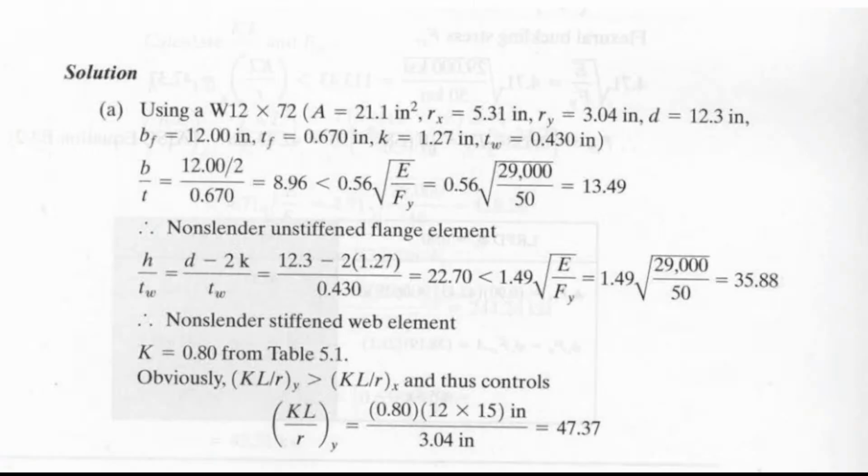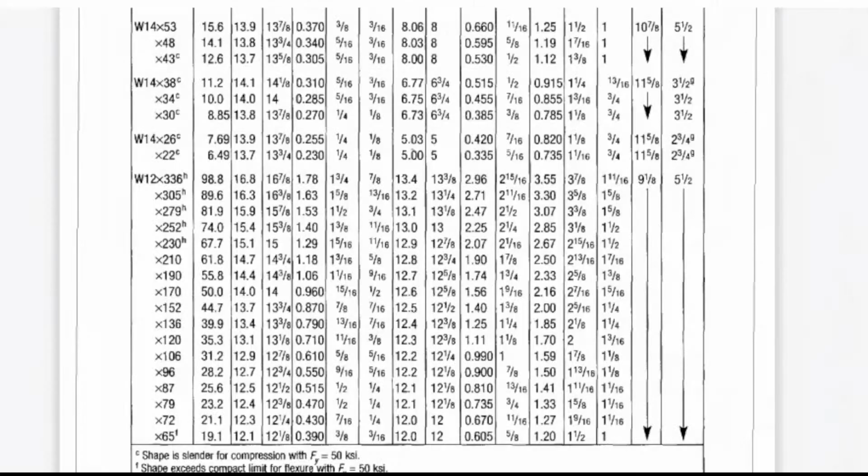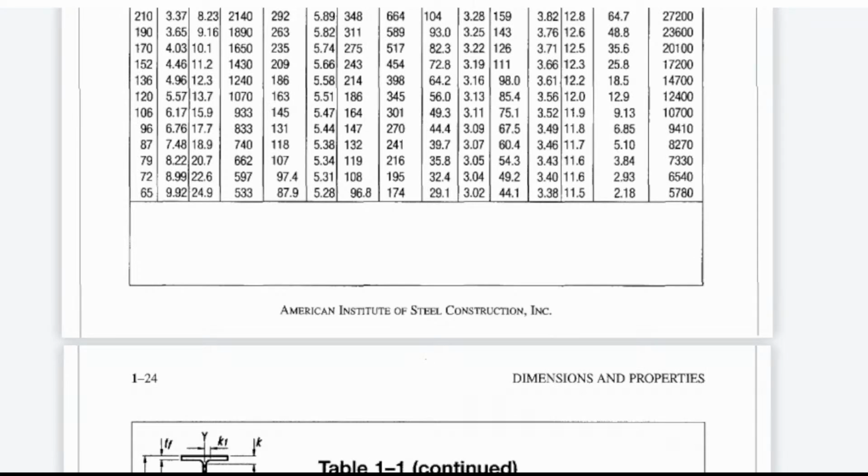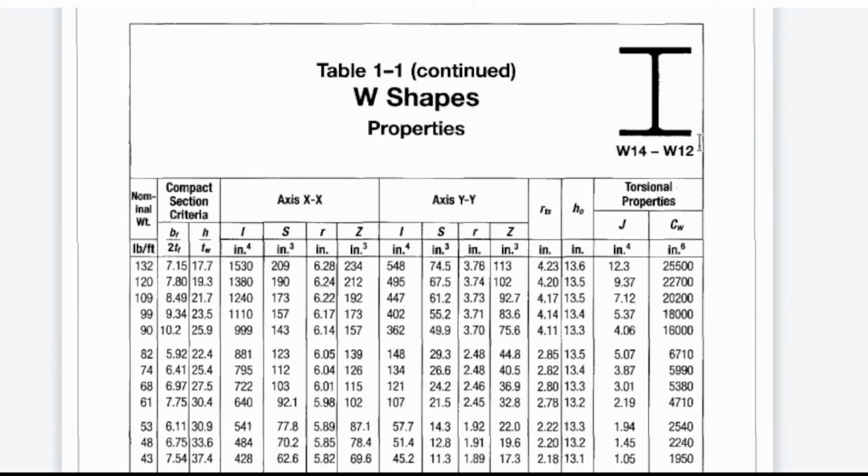Is that correct? 21.1, correct. d is 12.3, correct. So we need rx and ry. Let's take a look at rx, ry for 72. Oh, this is 72. Where are rx and ry? So rx is here, ry is here.